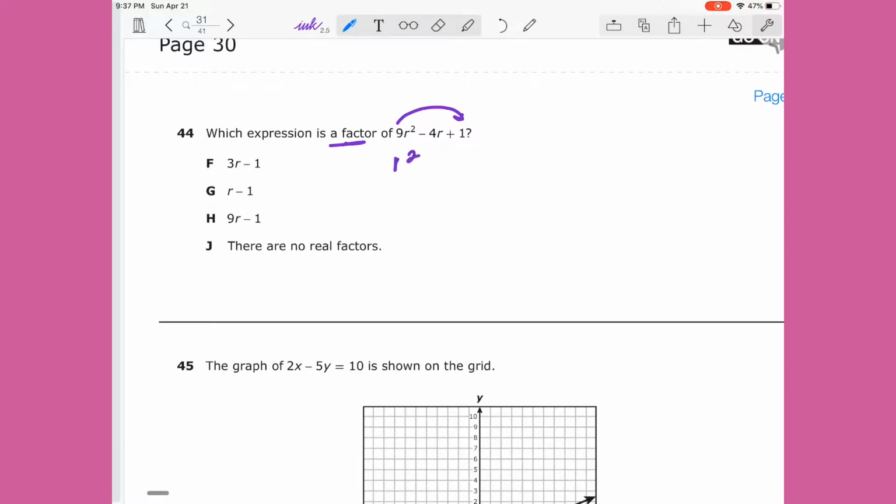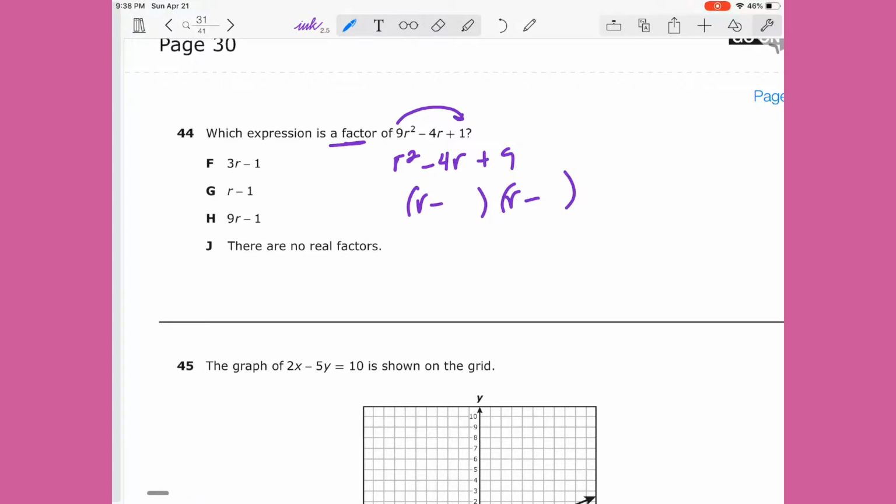I'm going to rewrite this as R squared minus 4R plus 9. Let's think. Both of these need to be negative if, when I multiply them, they're positive. So 9 divided by 3. Let's think about this.